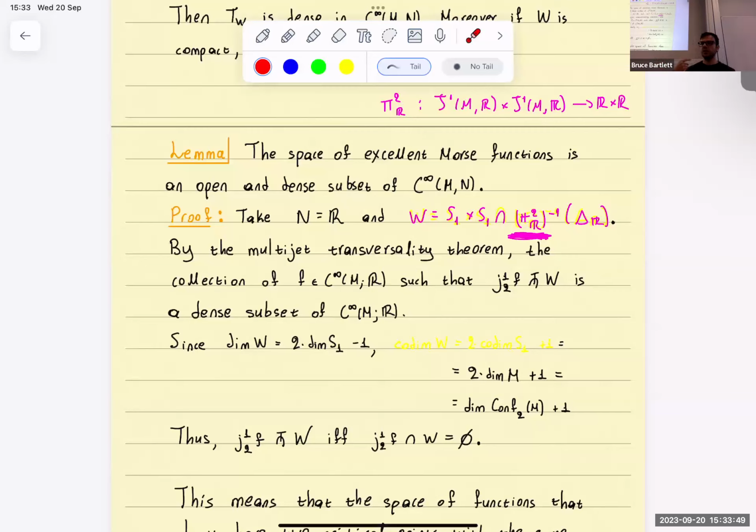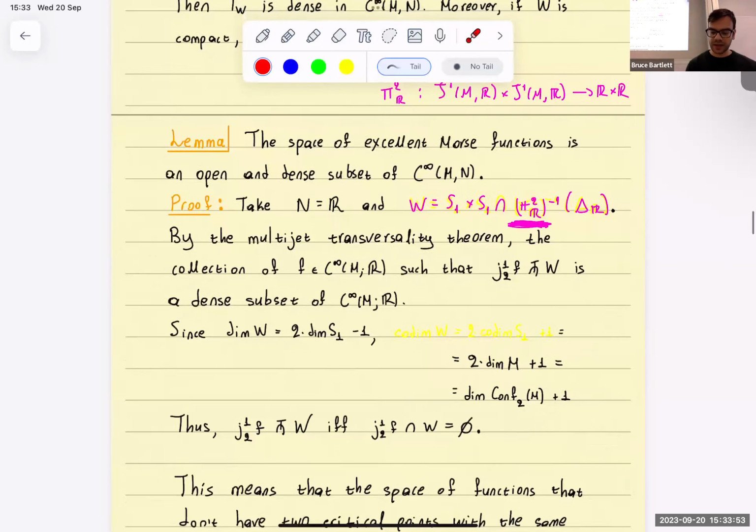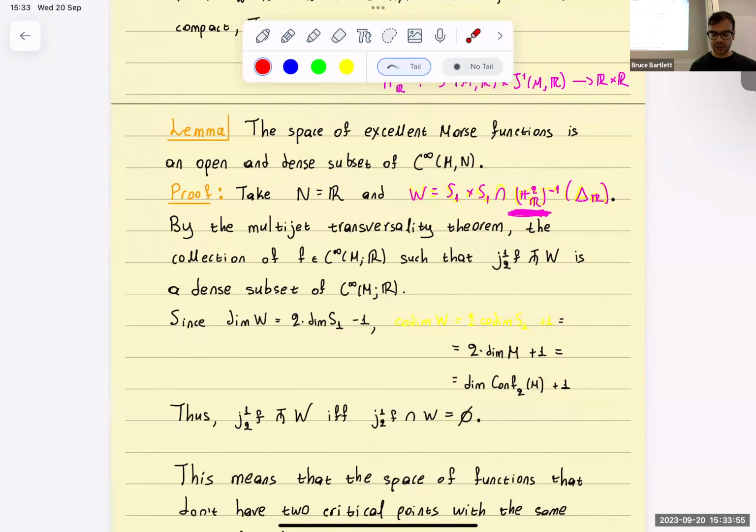So we just lose one degree of freedom. If I didn't take this intersection, the dimension of W would be twice the dimension of S1. Now it will be twice the dimension of S1 minus 1. Okay?